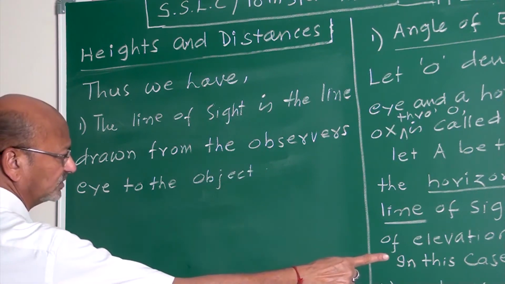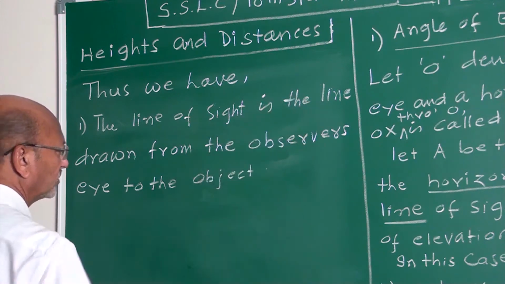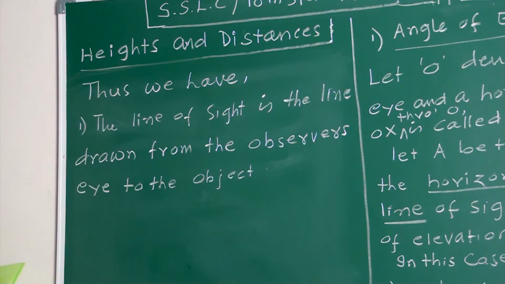Both are lines of sight. Below is also line of sight, above is also line of sight. Second is angle of elevation.